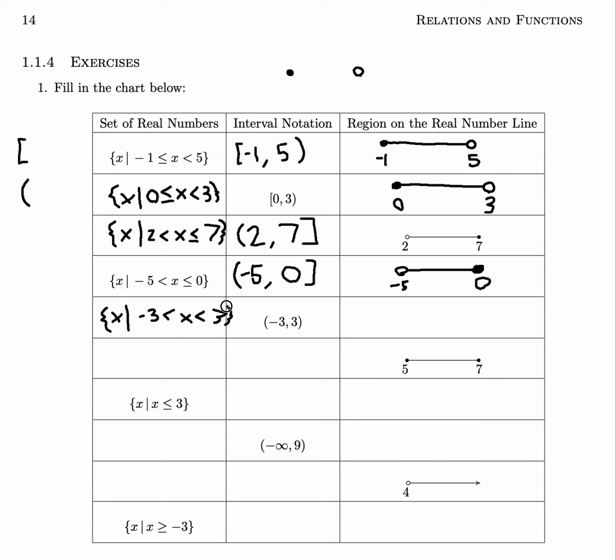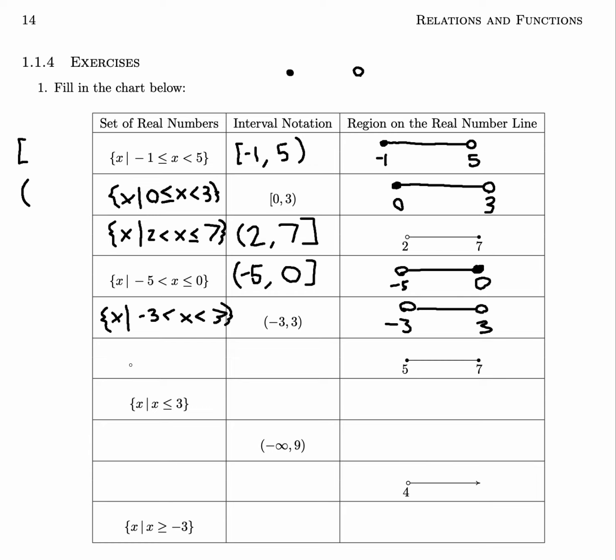Then you want to close it out. That would be your set of real numbers and the region on the number line. That would be -3. Sorry, my bad. Yep, -3. Open circle. 3. Both open circles.